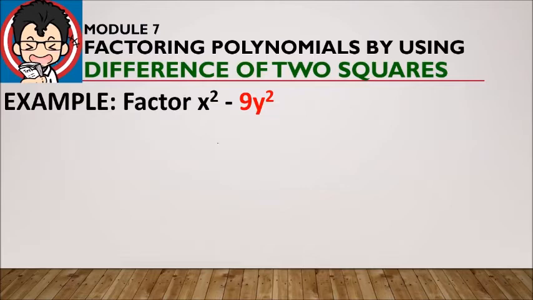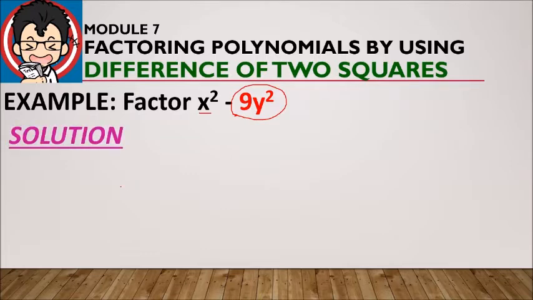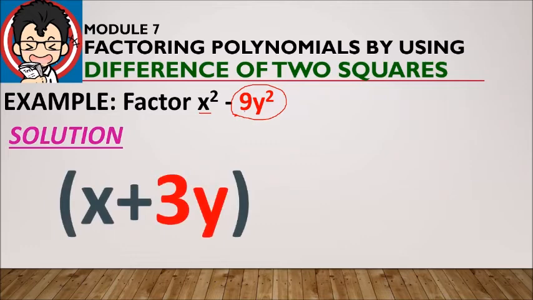Next step, yan, disregarding the subtraction sign, kukunin din natin yung square root nung second term. Again, disregard natin yung subtraction sign ha. So kanina, nakuha na natin yung sa x squared. So nung nakuha na natin yung square root naman ng 9y squared, which is 3y, ayan, lalagay natin siya dito.